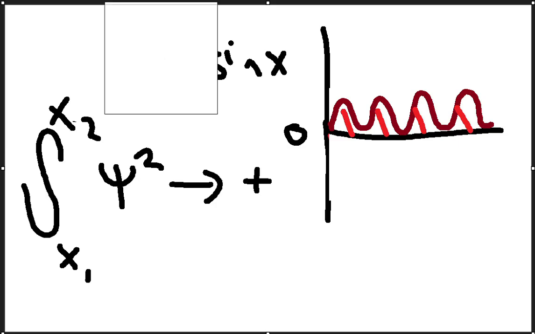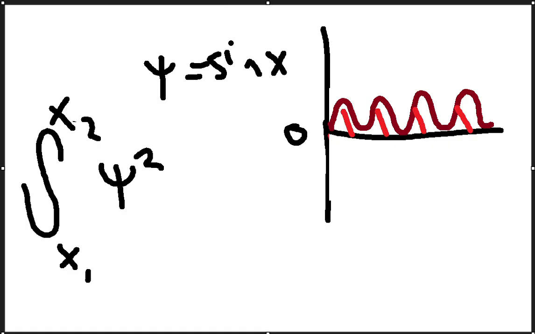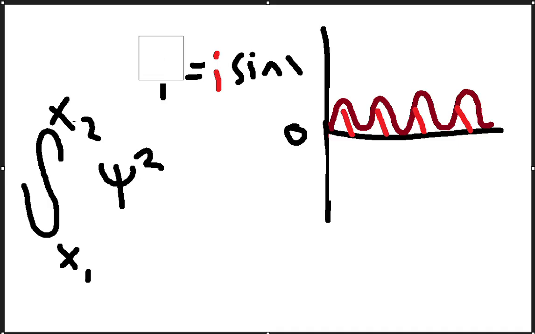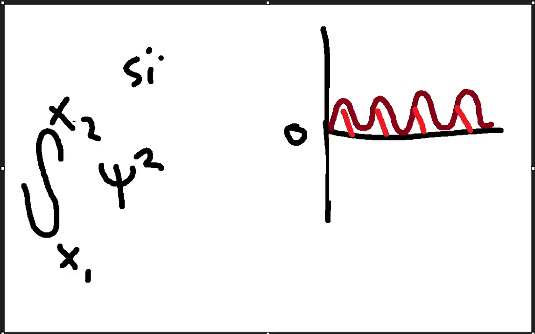But remember what I said about it being imaginary. Let's say, for example, that psi is equal to i times sine x. Or furthermore, something like sine of x plus i.